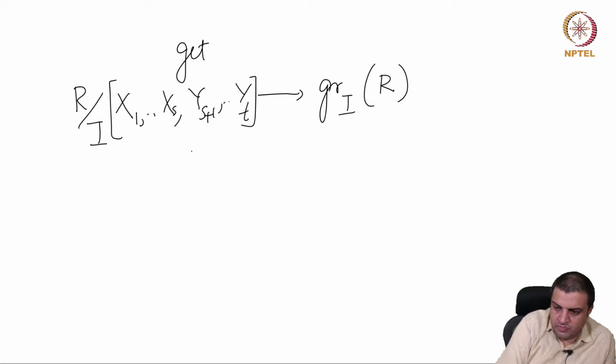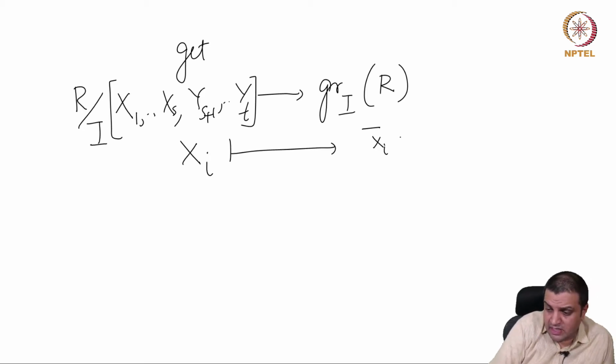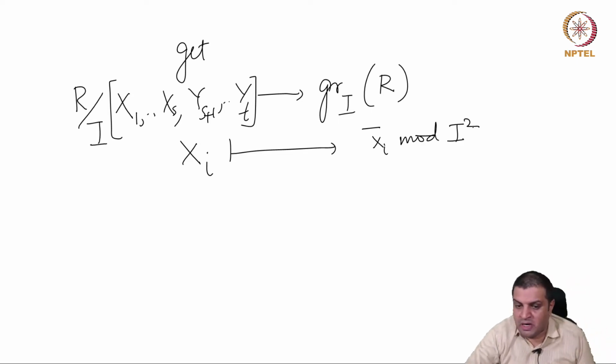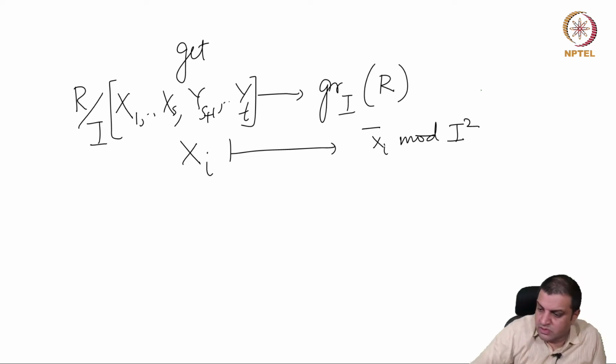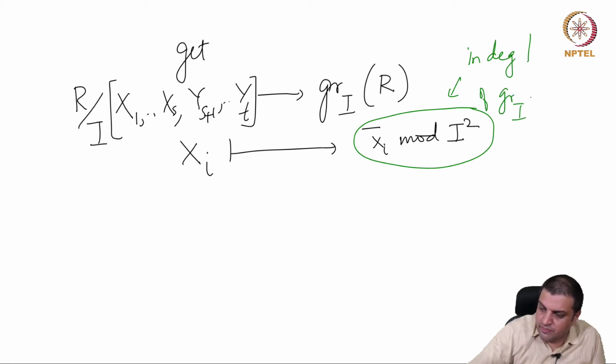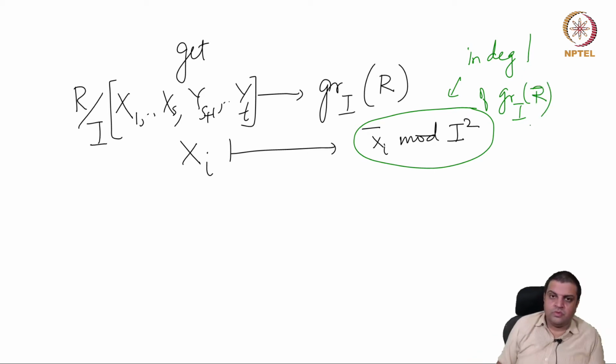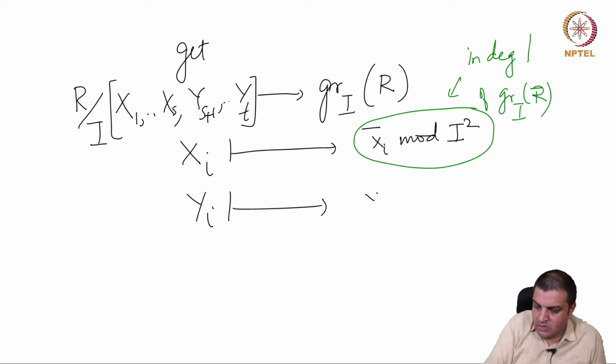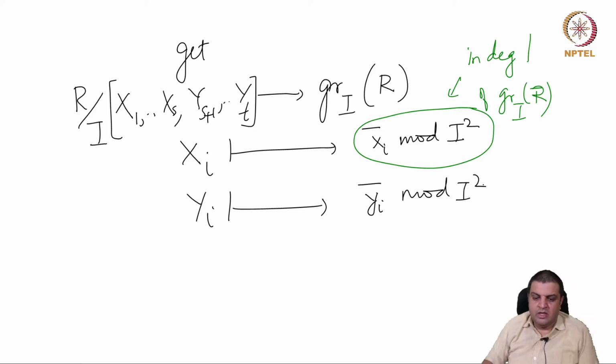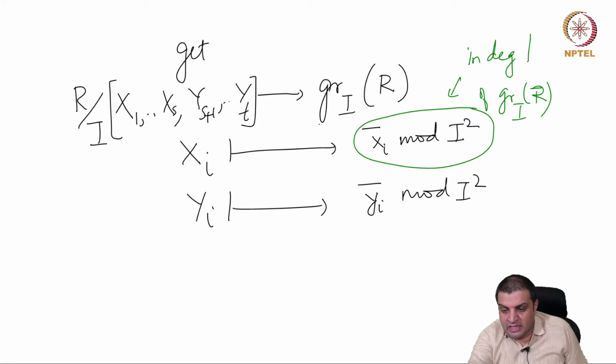The variable Xi goes to the element xi mod I squared. So this is in degree 1 of the associated graded ring. And Yi similarly goes to yi, again mod I squared. So we get a polynomial ring, and the associated graded module is a module over this.